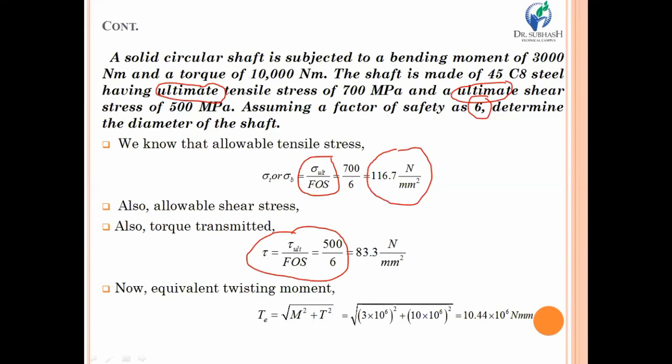Now, as you know, over here the case is of fluctuating loading. That's why you have to calculate the equivalent twisting moment. We have also seen in the previous slide that the equivalent twisting moment is equal to under root M square plus T square. By putting the values, you will have the equivalent twisting moment equal to 10.44 into 10 raised to 6 Newton mm.